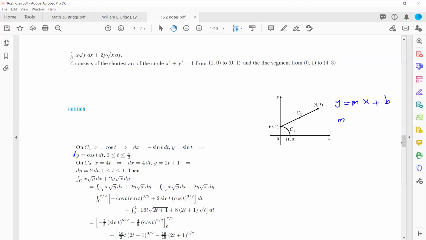My m, or the slope, is equal to 3 minus 1 divided by 4 minus 0, or 1 over 2. So my y is equal to a half x plus b. Let us plug in (0, 1). 1 is equal to a half times 0 plus b. So b is equal to 1. So the equation of the line is a half x plus 1.